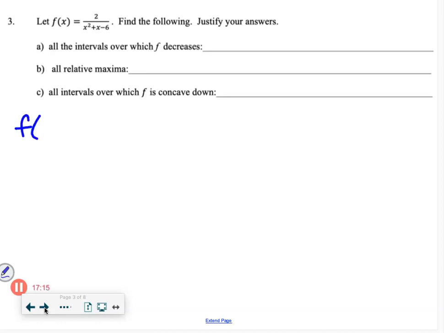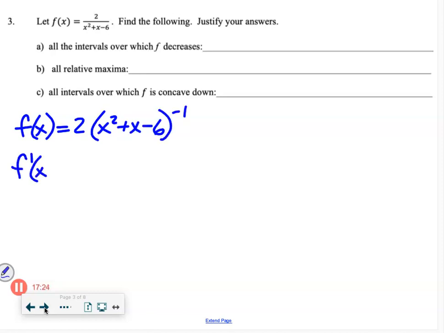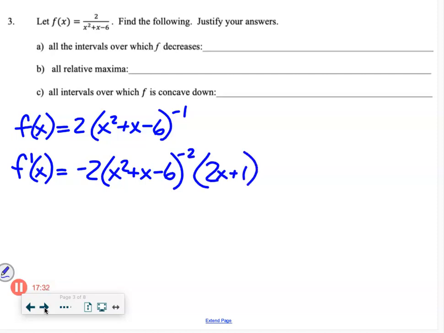So I'm going to rewrite my f of x as 2 times (x squared plus x minus 6) to the negative first. So -2 times (x squared plus x minus 6) to the negative second times (2x plus 1). So my f prime is -4x minus 2. You know, I should just keep it factored.